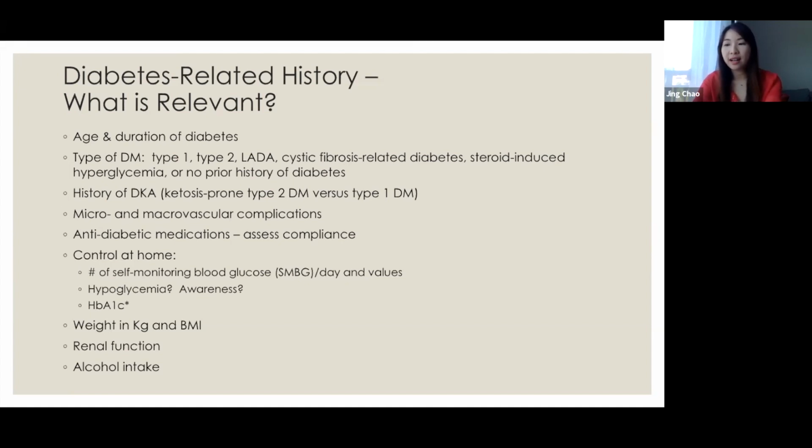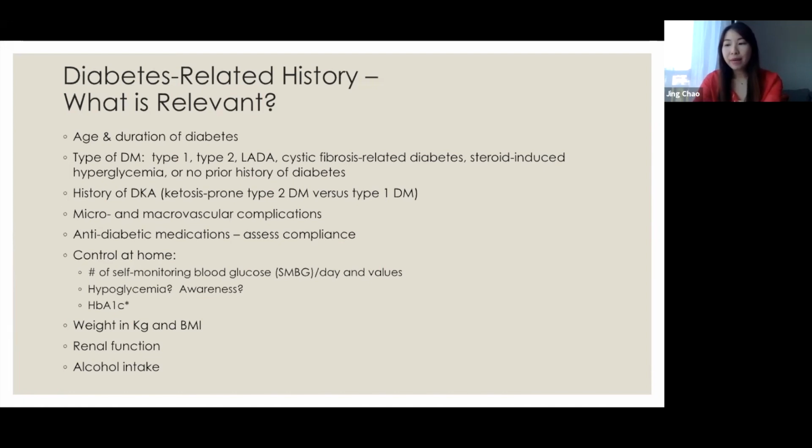Also, if a patient has had DKA in the past and is now having his or her blood sugar running at 350 or greater, you do need to be actively thinking about checking that chemistry panel and anion gap, and also maybe consider urine ketones or serum ketones to make sure that the patient is not having DKA, especially if the patient's also symptomatic for it.